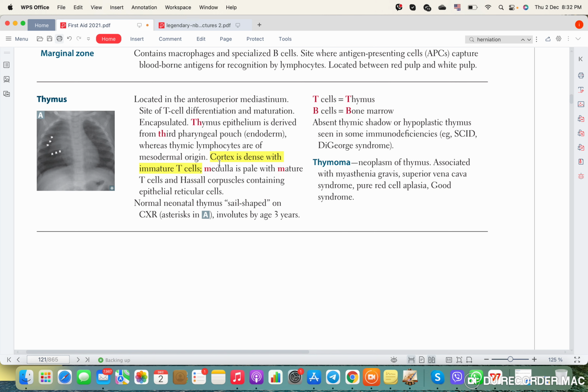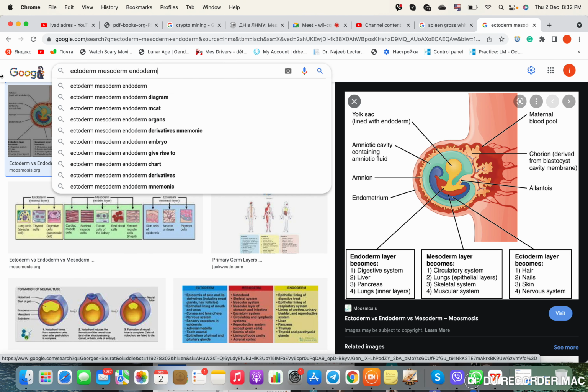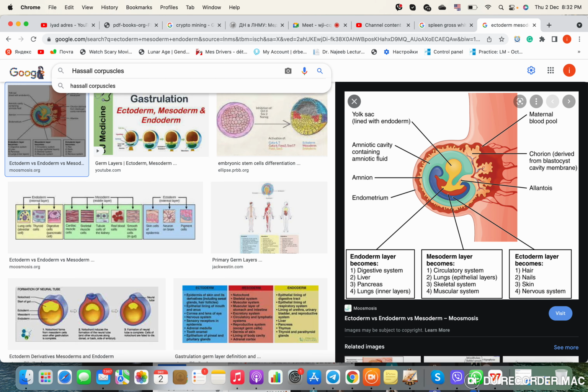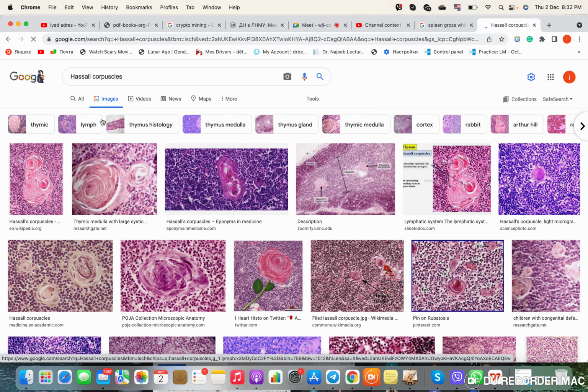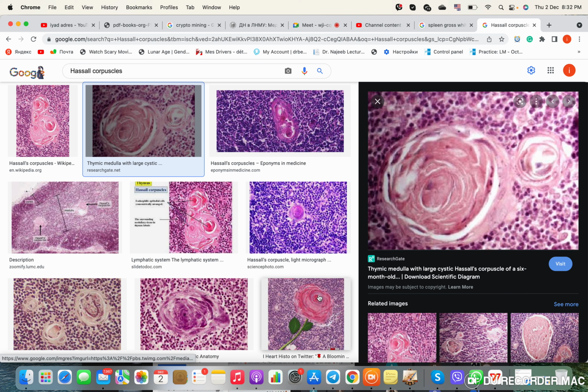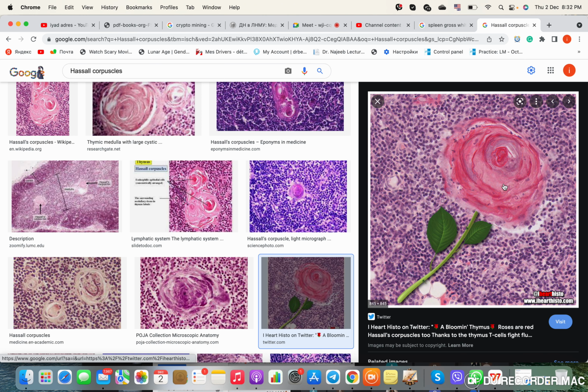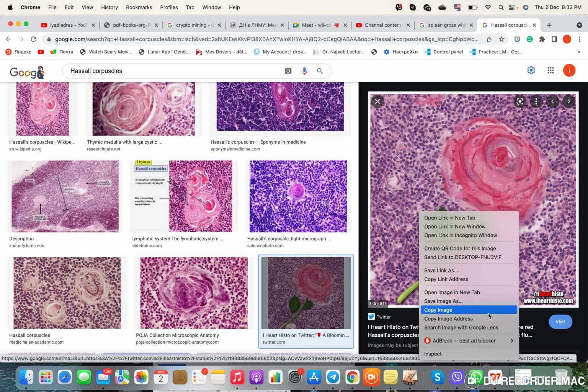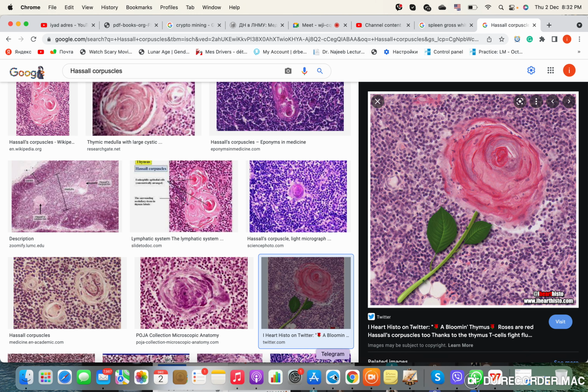What you have to know is that the deeper you go inside your thymus, the more mature your T cells will become, because the maturation of the T cells occurs inside your thymus. Please know, it looks like a flower. This has corpuscles, which contain a lot of mature T lymphocytes. Look, it looks like a beautiful flower.